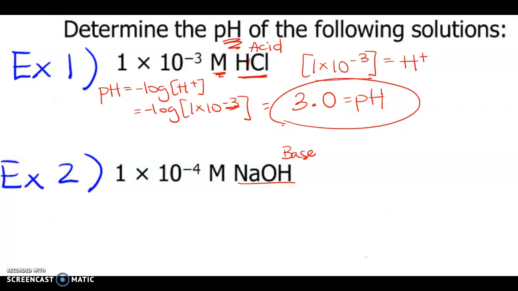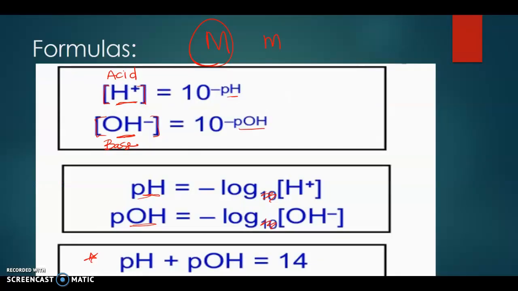The next example we've already said is a base, so we're going to do this a little differently. There are a couple of different ways you could do this, because we have several different formulas, so you can pick the way you want to go.